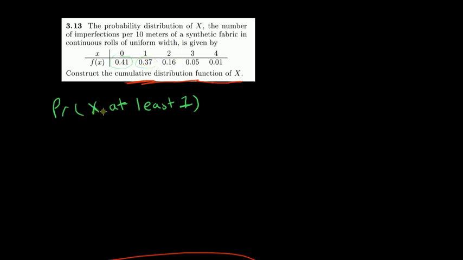Okay, so the probability that x is at least 1 means that it's 1 or more. So I could do that a lot easier by using the complement, the probability that x equals 0, right? Because the total probability, if you add these all up, should equal 1. So 1 minus 0.14.